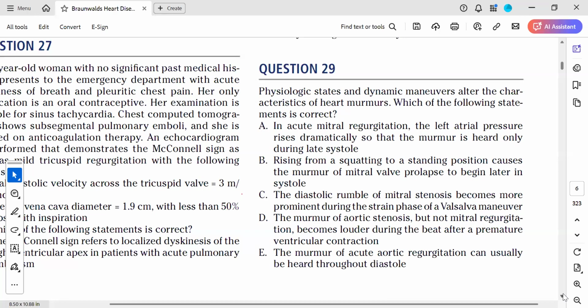Now, any maneuver that increases the venous return, and as such increases the volume of blood in the left ventricle, also increases the intensity of the murmur. Examples are squatting, lying down, or passive leg raising, which increase the murmur on the left side, except for the murmurs of HOCM and mitral valve prolapse.